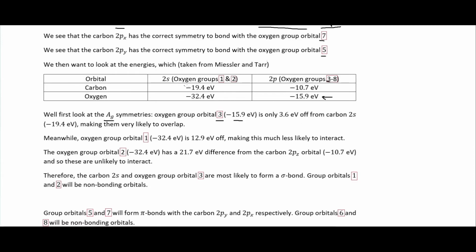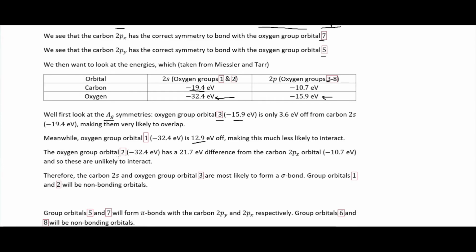And so that's this right here, this minus 19.4, making them very likely to overlap. Meanwhile, the oxygen group orbital 1, which is going to be this one right here, is 12.9 electron volts off, making it much less likely to interact.